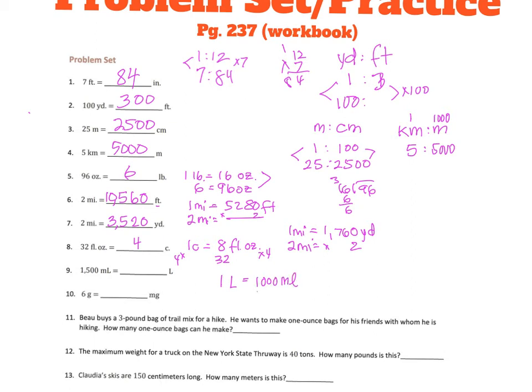And they're telling me I have 1,500 milliliters. So how many liters is that going to be? So I'm thinking what I have to do is go 1,000 to 1,500. I think I have to go 1.5 times 1. It's 1.5. So I think I have to go 1.5 liters.